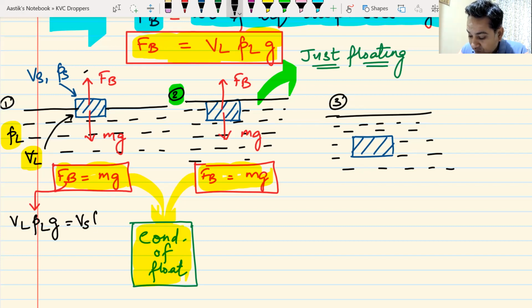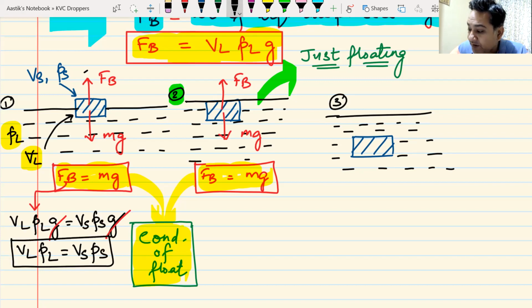Vs into rho s into g. We understand this? Yes, sir. So I have this very beautiful condition for floating for this particular case: VL into rho L is equal to Vs into rho s. Do we understand this? Yes, sir.